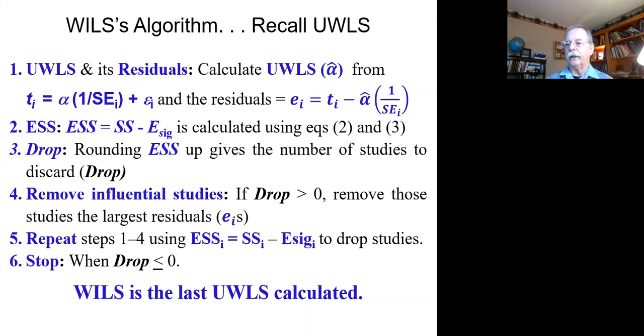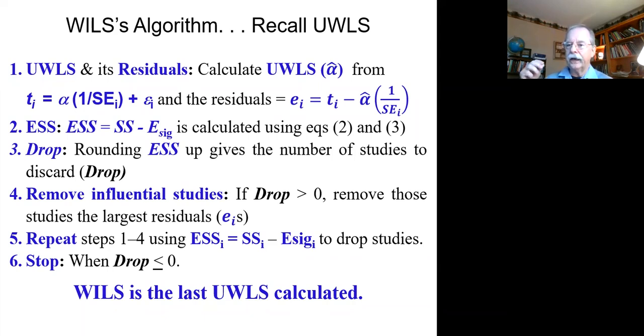Well, after you know how many to drop, you drop those with the largest residuals. If it tells you 5 studies should be dropped, then you drop those 5 studies with the highest residuals. And then you repeat this process over and over again, each time dropping those studies with the highest excess statistical significance until there's no more excess statistical significance.